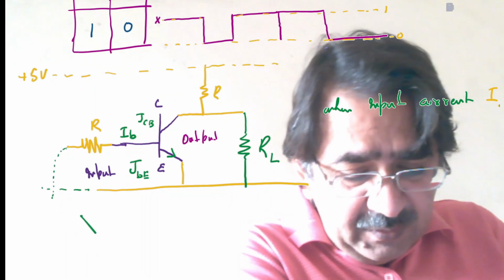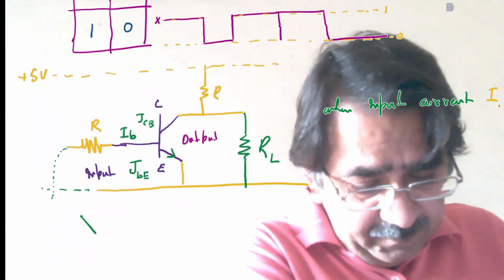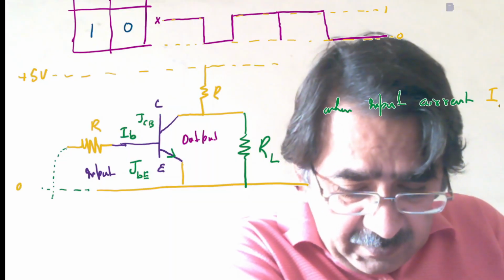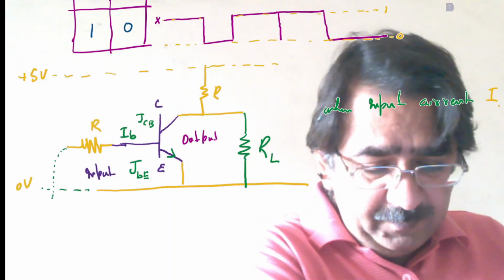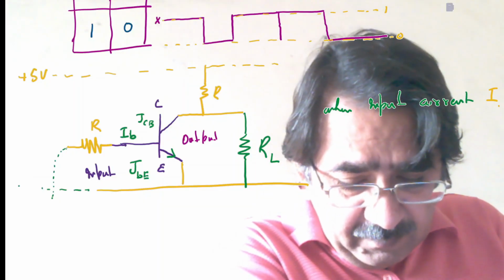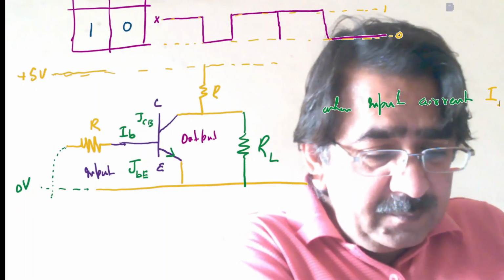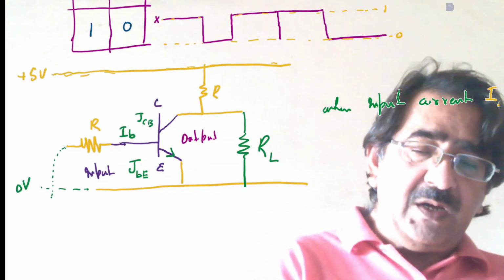So here is 0 volt and above is a 5 volt.